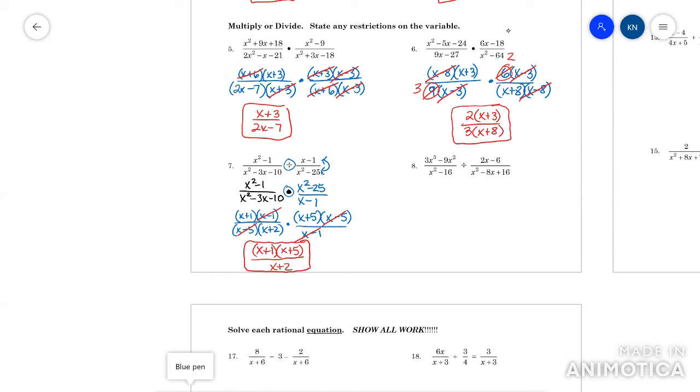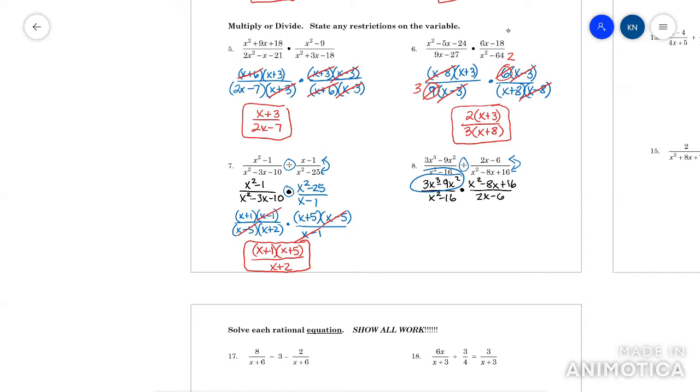Okay, same thing over here. As soon as I see divide, I'm flipping this fraction. So it's going to look like this. This first part doesn't change. Now it's times though, and you flip it. All right, now you could go and factor everything.